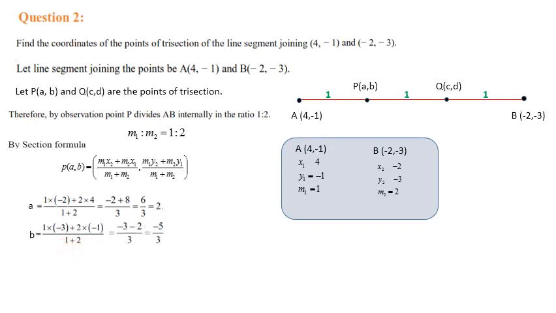Calculation: 1 into -3 is -3, 2 into -1 is -2, divided by 1 plus 2, that is 3. -3 minus 2 gives -5 divided by 3. So -5 by 3 is the y coordinate. Both coordinates of P we have got: 2 and -5/3.